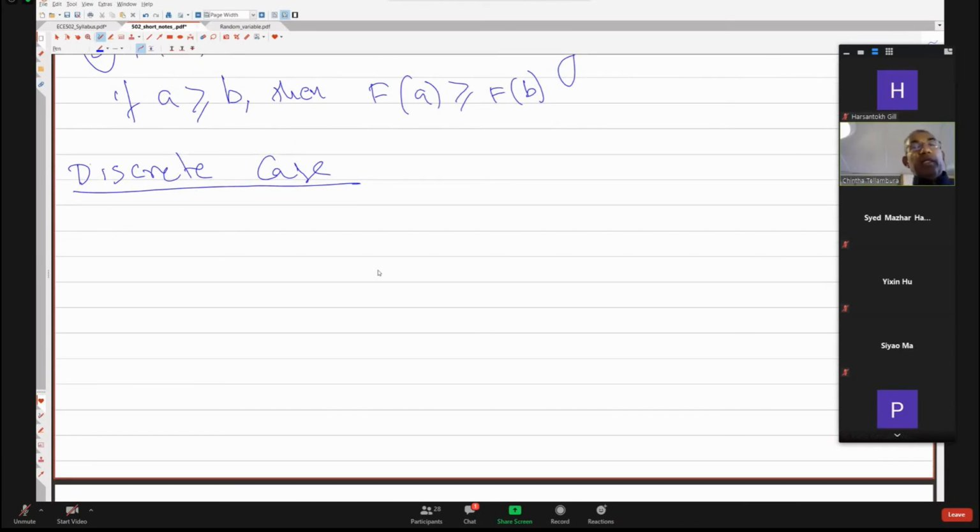It's not going to work because I'm working with discrete numbers, right? So how do I go from P of x, my probability mass function, to the CDF, F of A? Right? So that's the question.